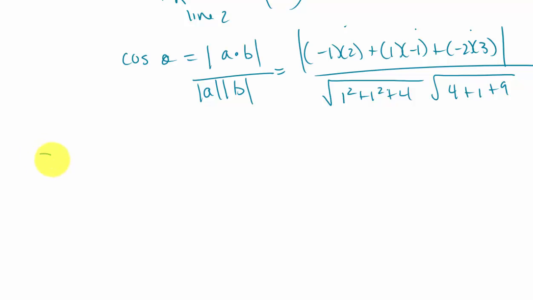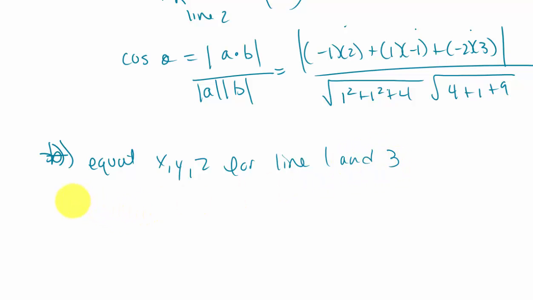So for part B, the first thing we're going to do is equate the x, y, and z for lines, let's say 1 and 3. So just how we started last time. -1 plus 2s is equal to 1 plus 2u.